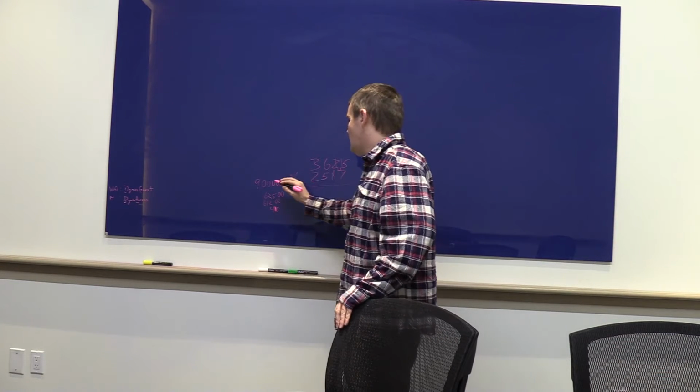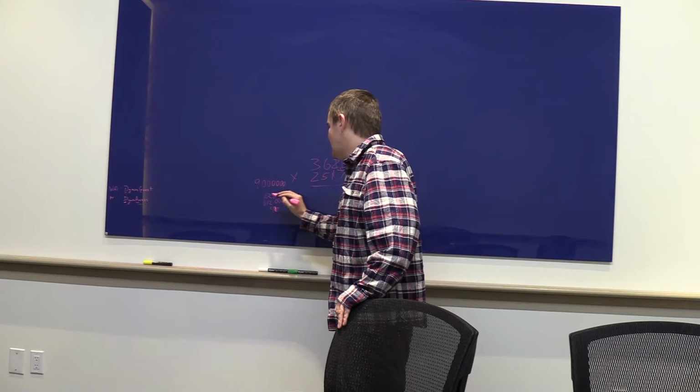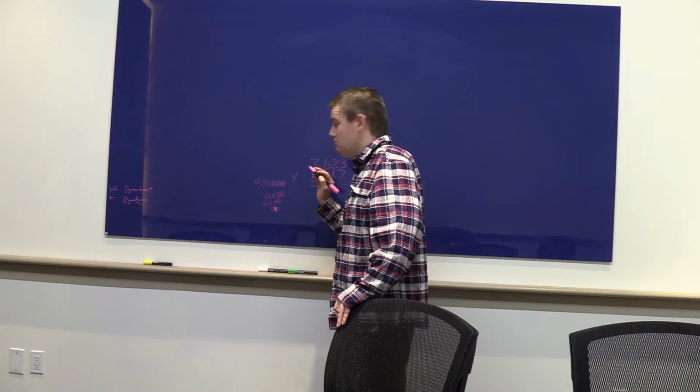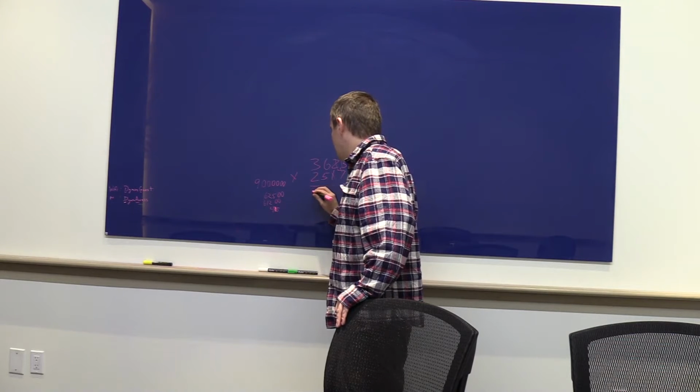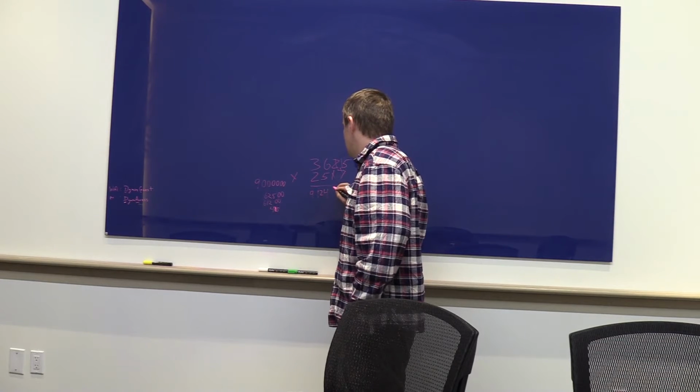Then you just add them all up: 9 million plus 62,500 plus 61,200 plus 425. That's 9 million 124,000.